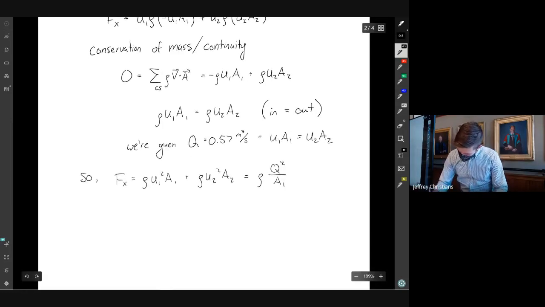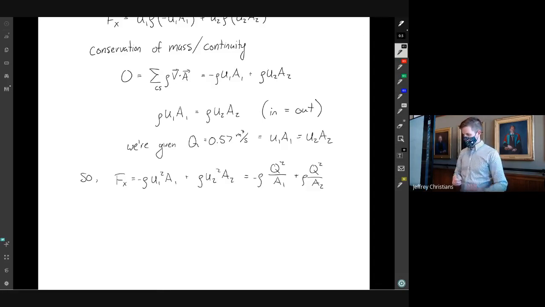I'm supposed to have a negative before the A1, plus Q squared over A2. I could alternatively calculate what the velocities are, but I don't actually have to, so I'll save myself a couple extra calculation steps. But you can do it either way. It doesn't particularly matter.